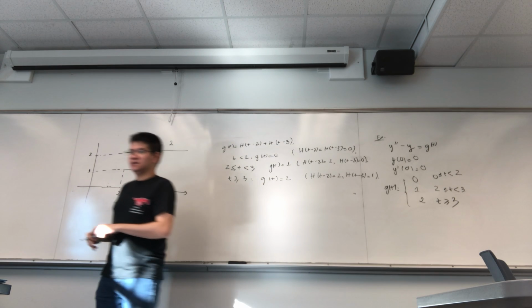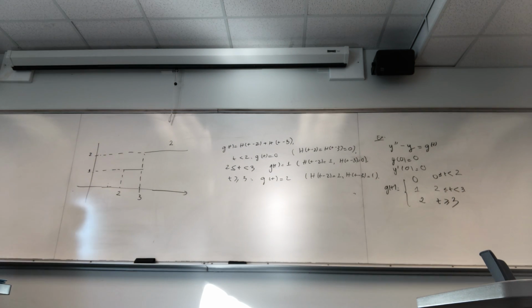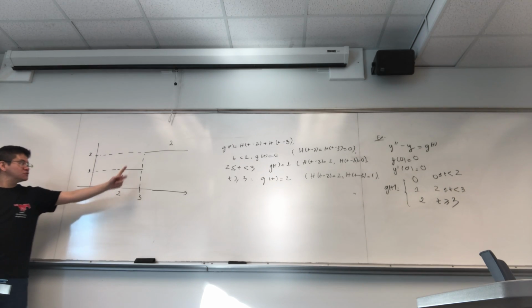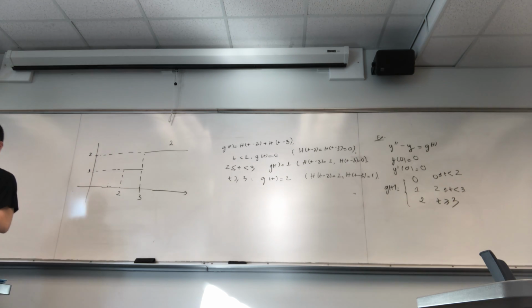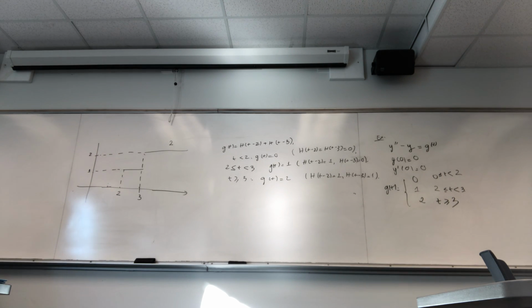Right, so I explain again. I have a function which is 0 from 0 to 2, is 1 from 2 to 3, and is 2 from 3 to infinity. I have to express this in terms of Heaviside functions.